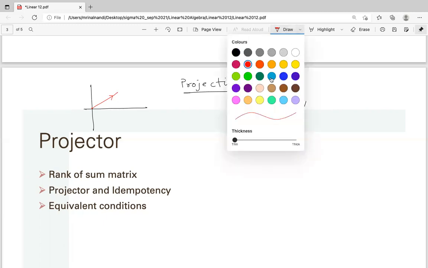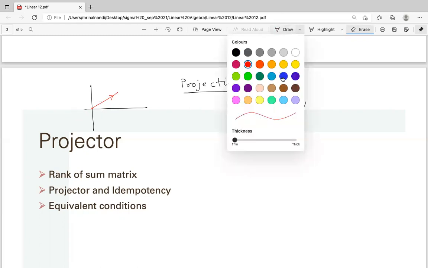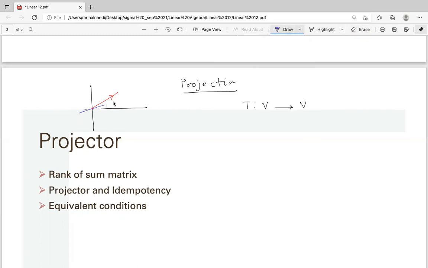and the blue one is a subspace, and the red one is an arbitrary vector. There is another line, which may or may not be perpendicular.